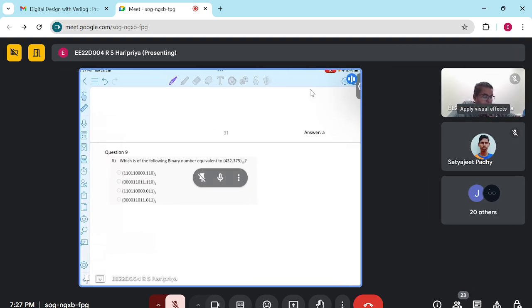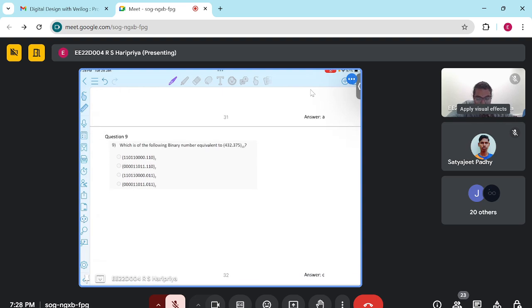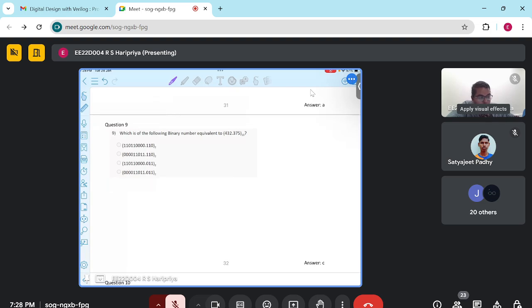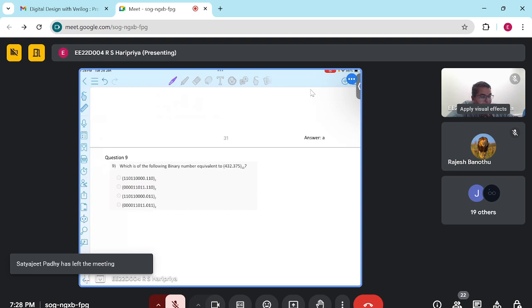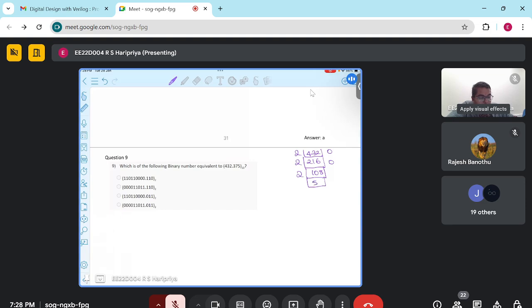Which of the following binary numbers is equivalent to this? So we are given it in decimal. We have to convert to binary, so we will perform long division. Divide by 2. So we will get 216. Remainder is 0. Again divide by 2. Remainder is 0. Again 2, 54.